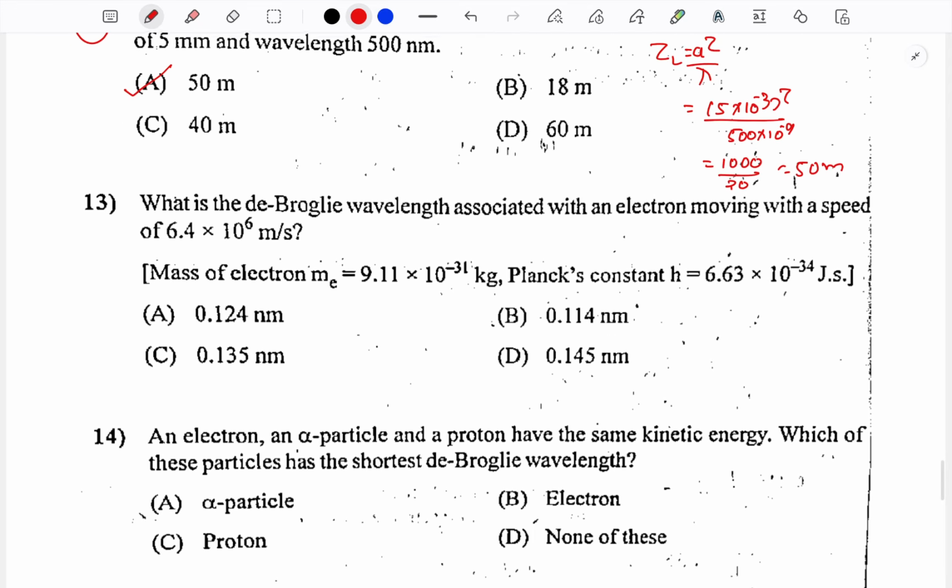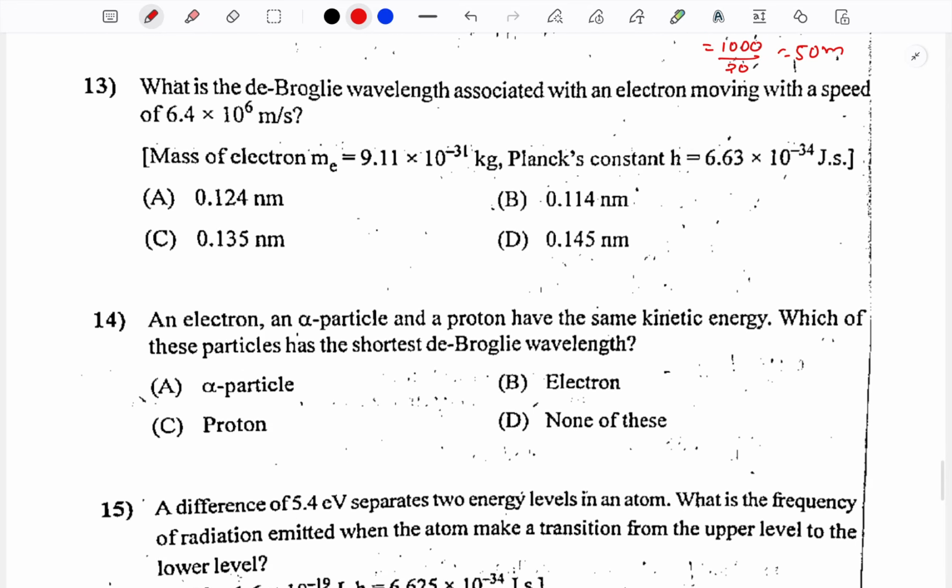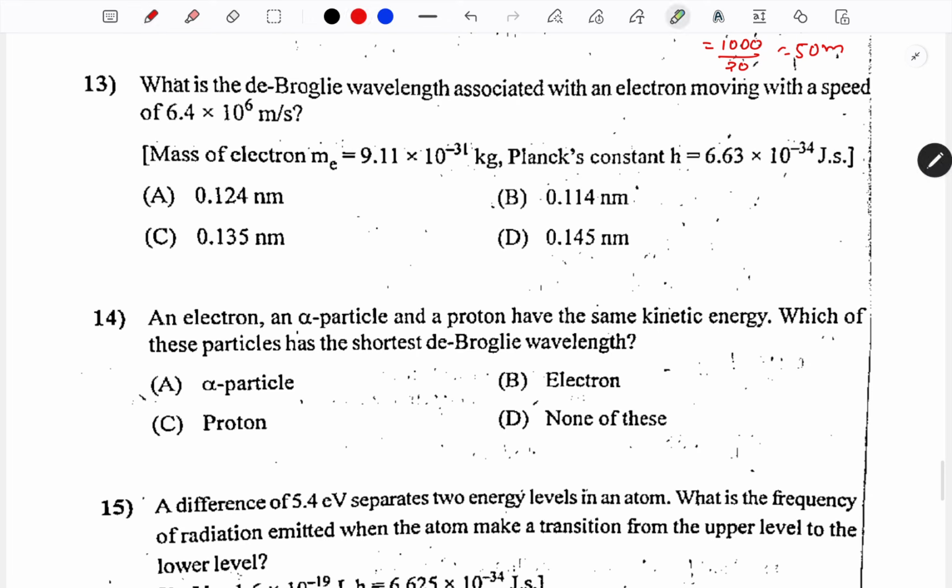Let's see next question. What is the de Broglie wavelength associated with an electron moving with a speed of 4.6 into 10 to the power 6 meter per second? Mass of electron and Planck's constant are given.